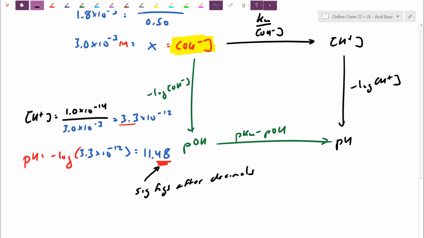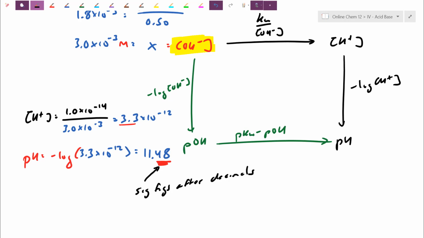And you do a mental check for yourself. Well, this was a weak base, so I do expect the pH bigger than 7. There we go. So hopefully you see a lot of similarities with our Ka ICE tables that we worked with yesterday, but we needed that one added step. I need to first calculate Kw over Ka on the table because they don't list Kb values for you. We still have to write out the assumption, and we'll go from there.